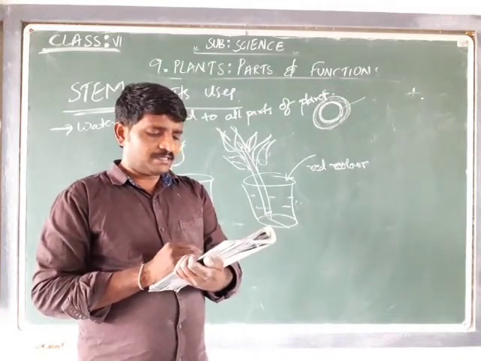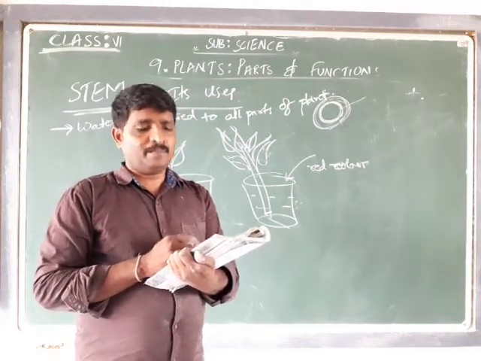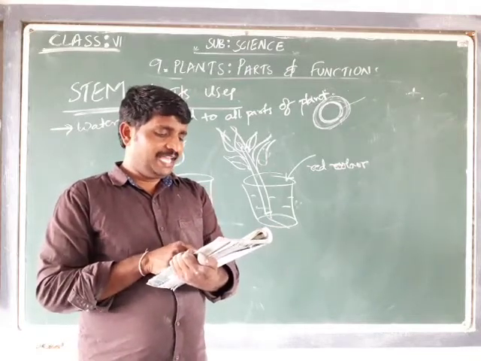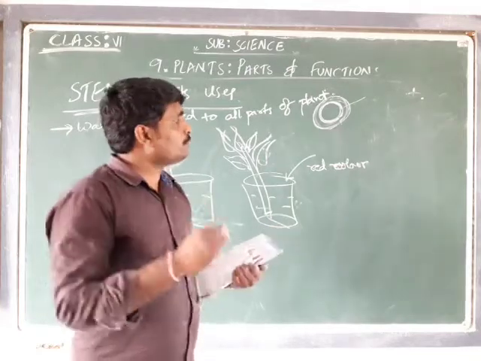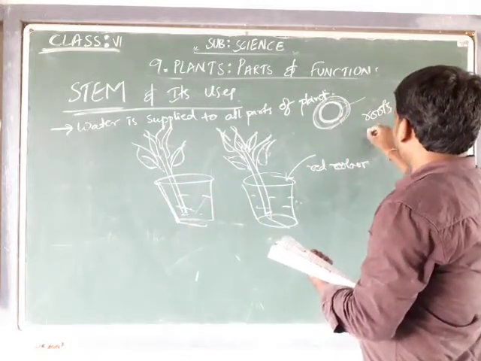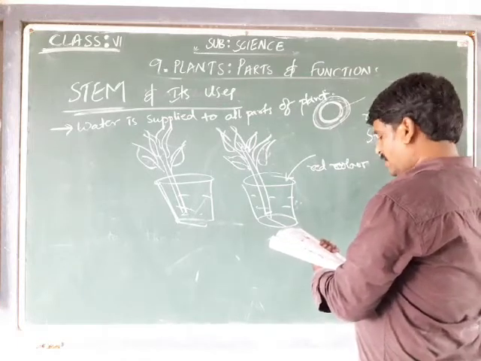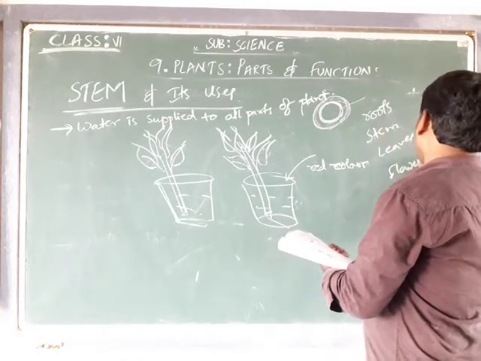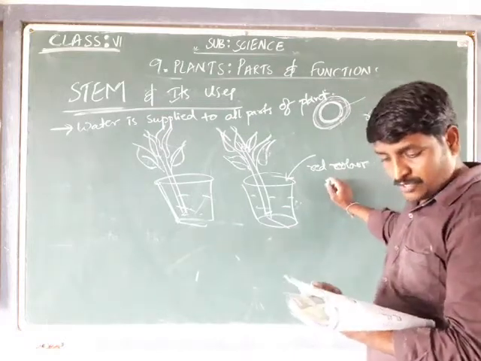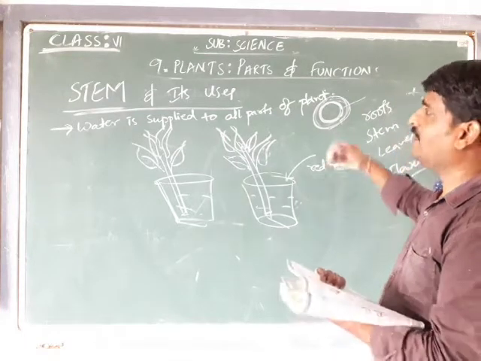As a summary, most plants around us have roots, stem, leaves and flowers. Roots and stem are compulsory, and they have leaves and flowers, though some plants may not have flowers. All parts of the plants carry out some functions that we have already discussed.